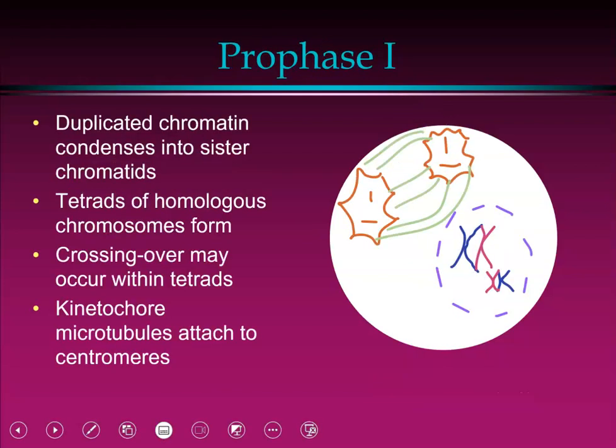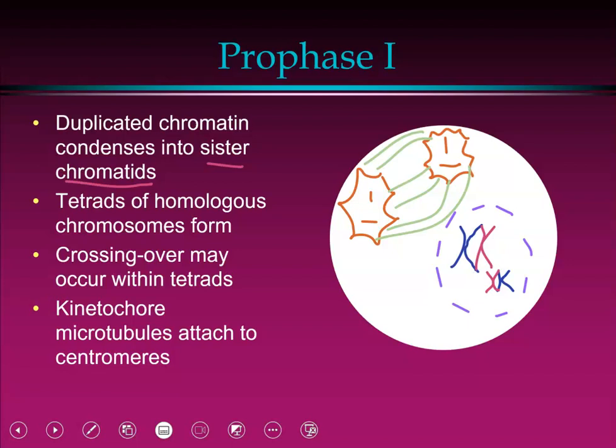Okay, so in prophase 1, you see that the nuclear membrane is starting to disintegrate while the chromatin condenses into chromosomes. Now these chromosomes are in the form now of the duplicated chromosomes, or sister chromatids. But this looks a little bit different from mitosis because of the fact that there's 2 pairs of sister chromatids that are forming this association together.